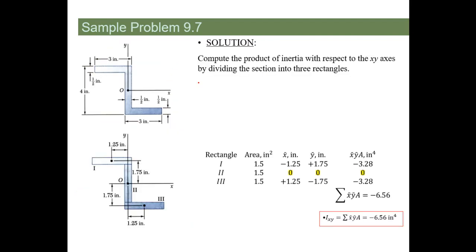So we're going to need two things. We need Ix, Iy. We also need our product of inertia. So instead of x squared a or y squared a, it is x times y times a. Notice for the center chunk, if it's symmetrical around the axis, you get zeros, so we can calculate the product of inertia.